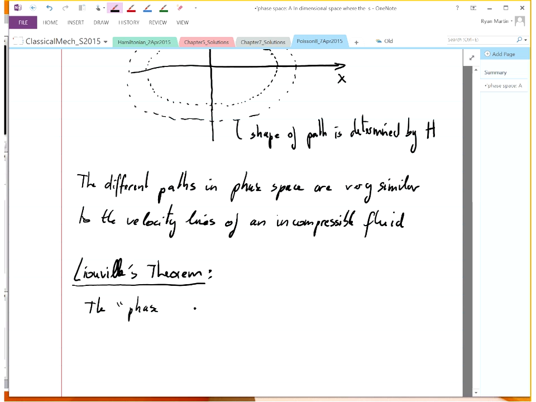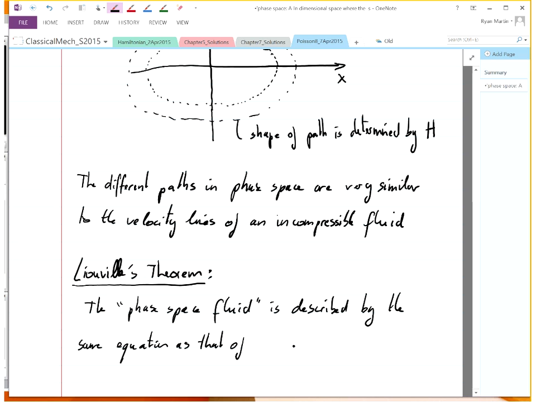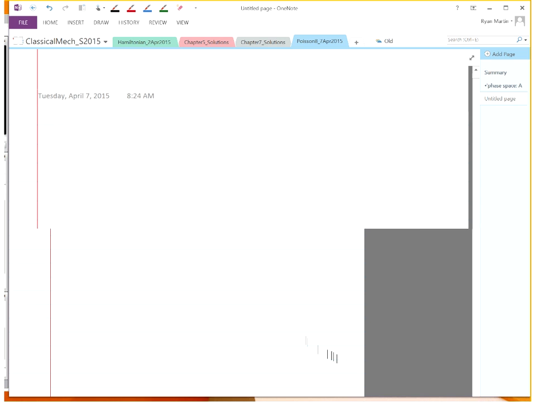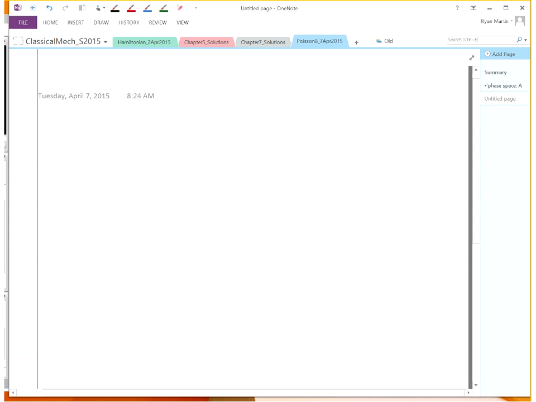So the phase space fluid is described by the same equation as that of an incompressible fluid, and I don't know how much fluid dynamics you have taken, but if you don't know this equation, I'm going to ask you to go look it up on Wikipedia or something like that.